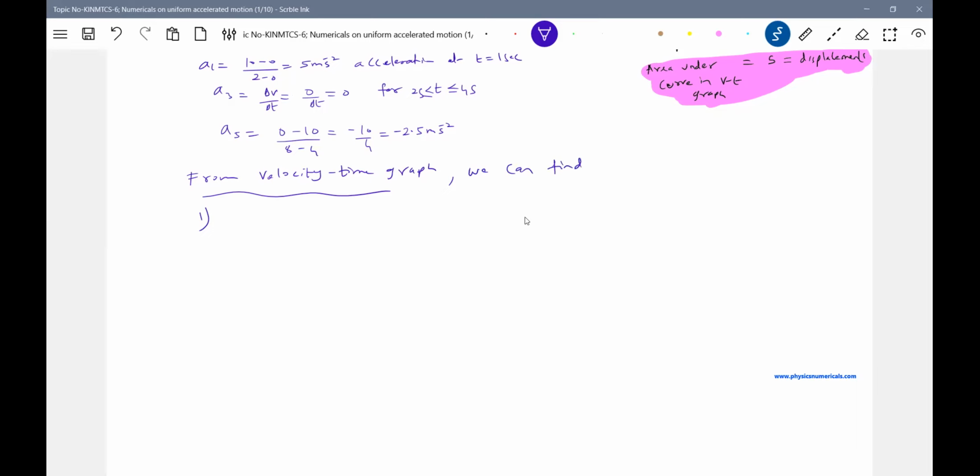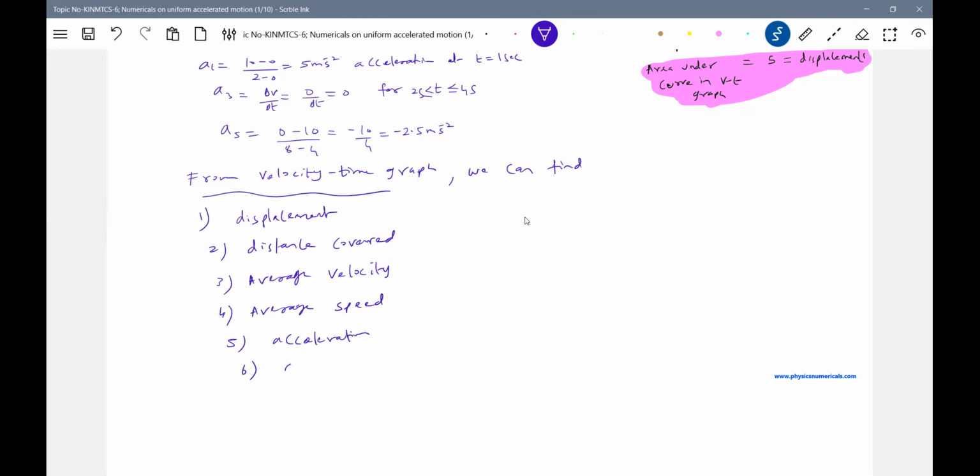We can find displacement, distance covered, average velocity, average speed, acceleration, instantaneous acceleration, average acceleration. See, so much information is available.